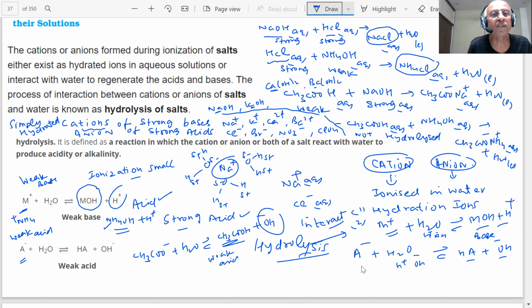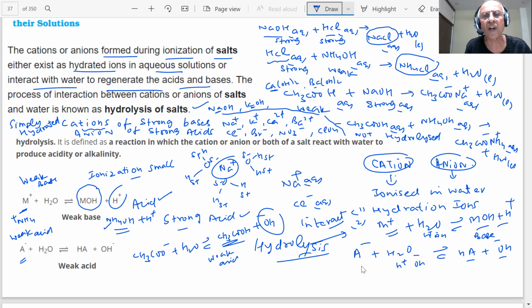So what is hydrolysis we are talking about? Cations or anions formed during ionization of salt. What are salts? They get ionized. As soon as you put salt in water, it will get into ions. Either they get hydrated or they interact with water to regenerate the acids or bases. The process of interaction between cations or anions of salts and water is known as hydrolysis.